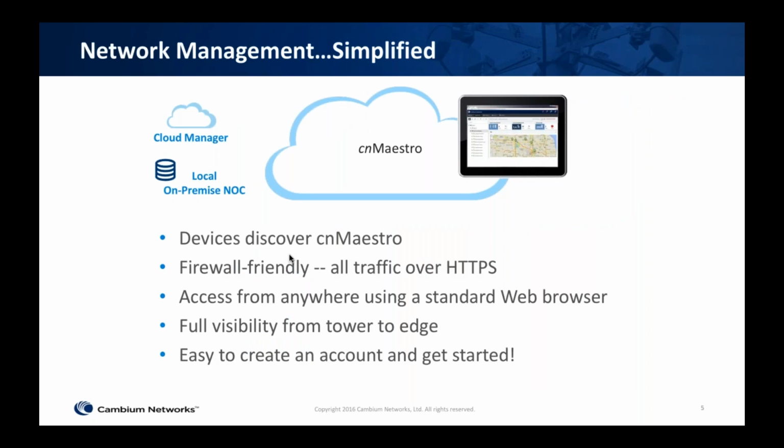So again, we are trying to make network management simplified, and it's one of the core features we are bringing with CN Maestro. So the first thing we are trying to make very simple is device discovery through CN Maestro. So if you buy a device from Cambium, using the MSN, which is the serial number of a specific device, you can easily discover devices in CN Maestro.